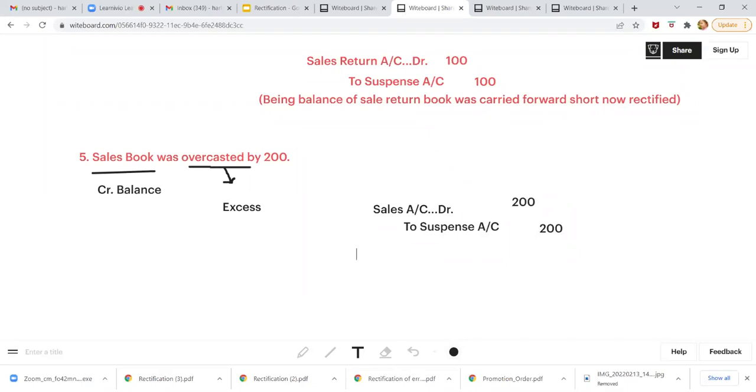So our rectifying journal entry is Sales Account debit to Suspense Account credit, because there is an excess amount in the sales book. So to rectify this error, we have done the opposite, right?